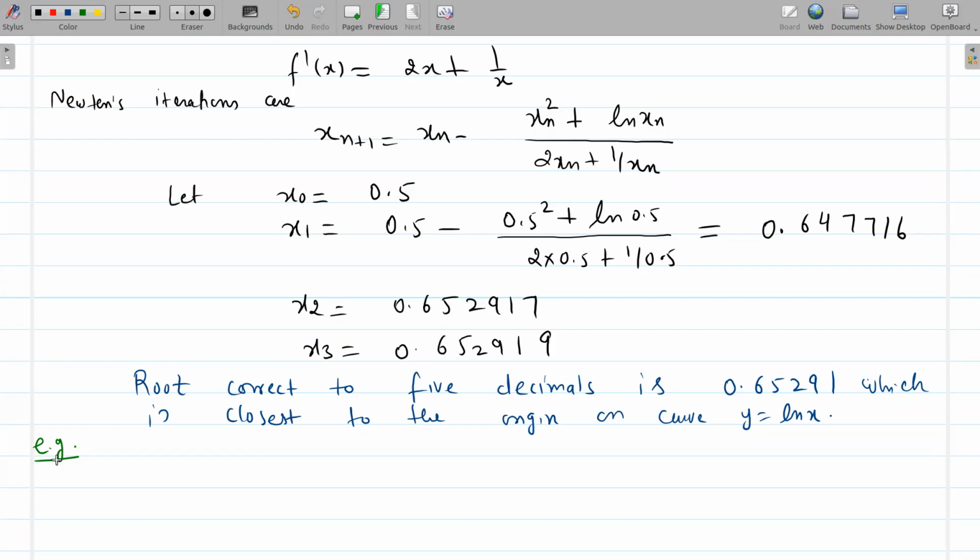So let us take one more example. This example is a very important example. This example says that you can put a broad heading: what will happen if the derivative is 0, if f'(x) equals 0 or not defined.